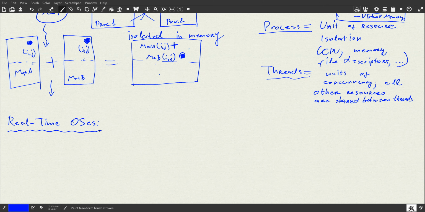What kind of non-real-time response would you get from Linux? Have you observed any? The disk operations.